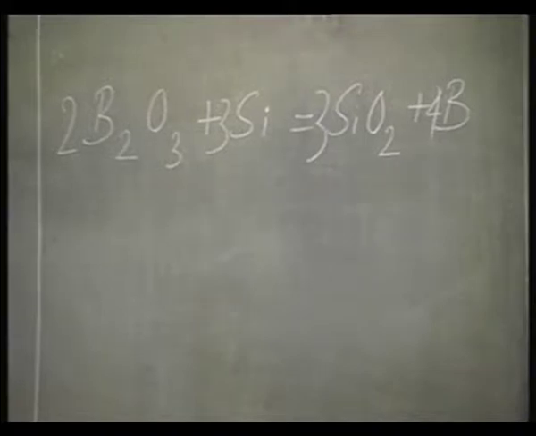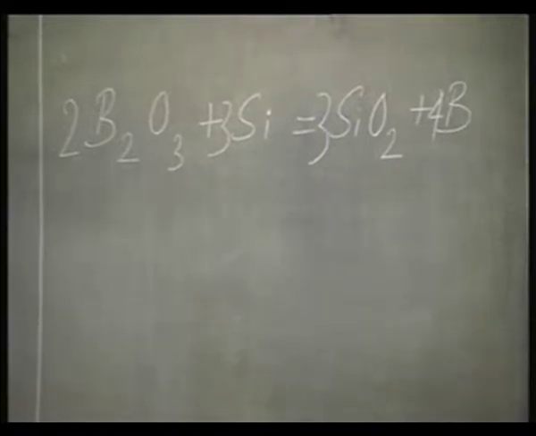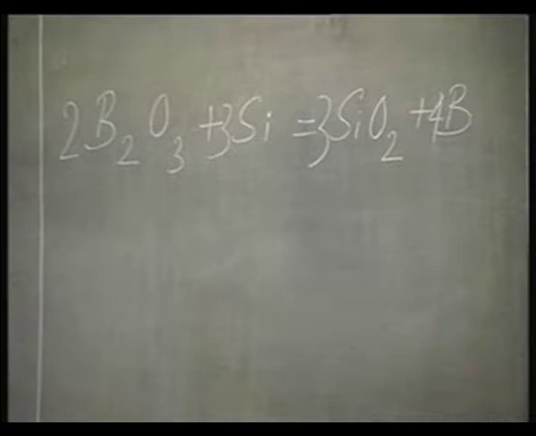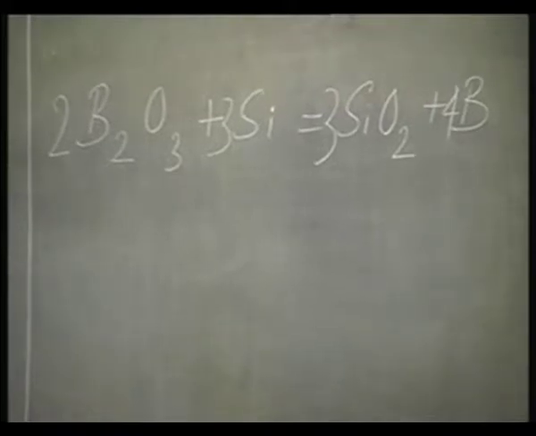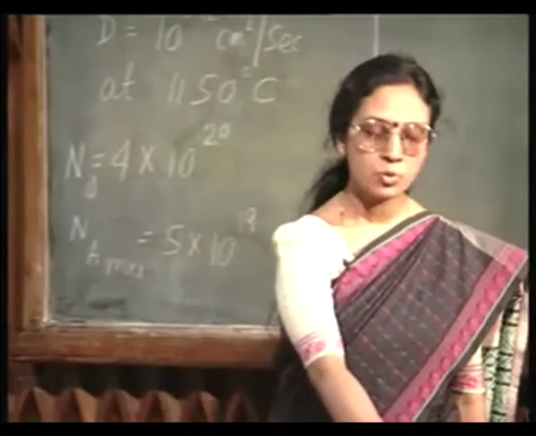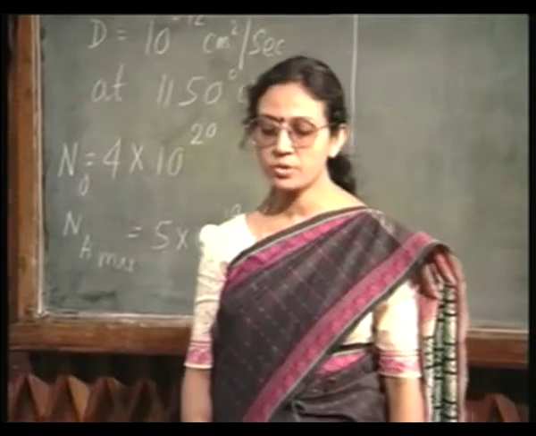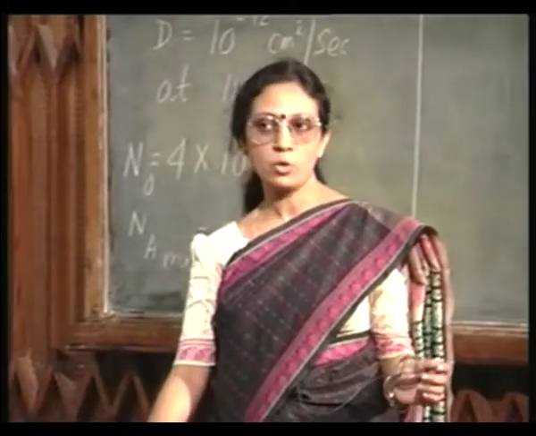B2O3 reacting with silicon to form silicon dioxide and release boron, and this boron is going to be incorporated into the silicon. But in practice, B2O3 is not really used directly. You know why?